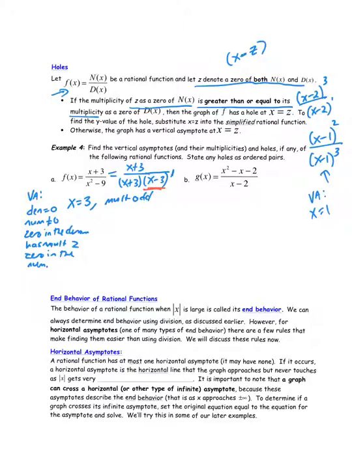Next, we're going to look to see if we have any holes. So to find a hole, we're going to look for common factors in the numerator and the denominator.